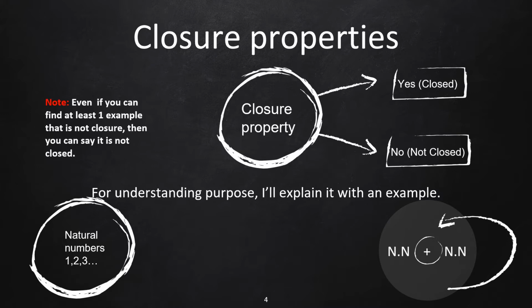Keep in mind that if you can find at least one example that is not closed, then you can say that it is not closed. It means that the language is not closed. Here the addition operation is closed, but the division operation is not closed.